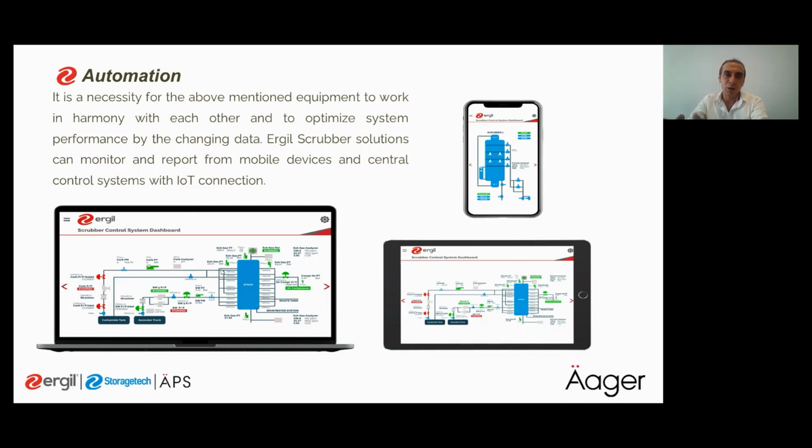The automation will control all these parameters, and according to a written scenario, the system can make adjustment and correction. So I think automation is the most important part of the scrubber.